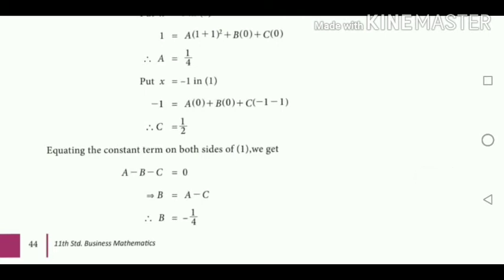That minus 1 is the constant in the b term. c into minus 1, we are getting minus c. That is, you have to multiply all the values, that is a into (x plus 1) whole square, b into (x minus 1) into (x plus 1), c into (x minus 1). You are getting the constant terms. After that you put the equation like this, a minus b minus c equal to 0.